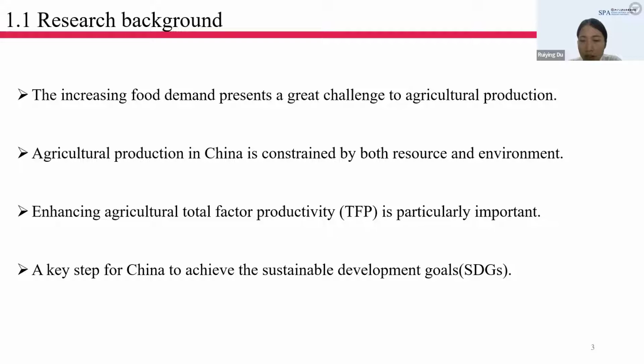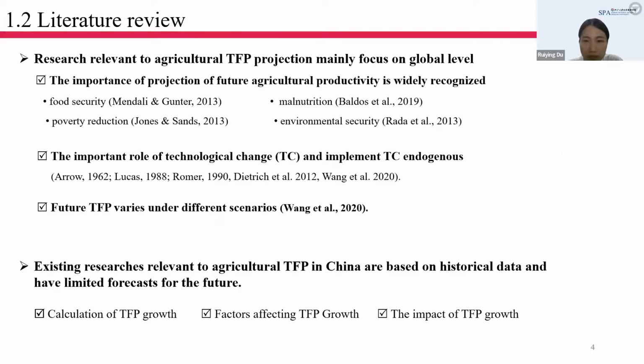Improving production with lower environmental costs in agriculture is also a key step for China to achieve the Sustainable Development Goals.